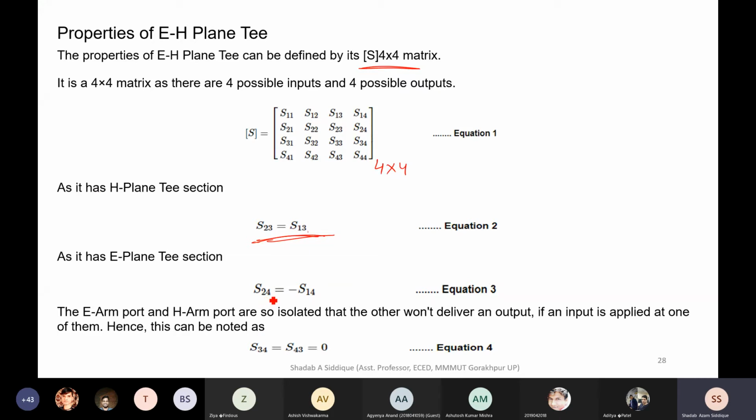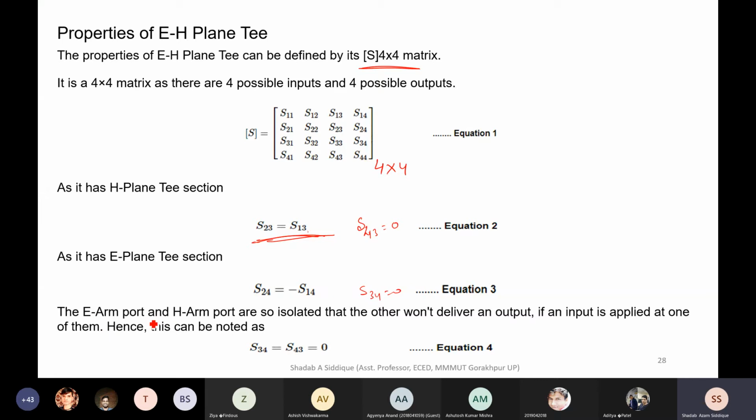From the E plane we know that if you are applying input from the E arm, port 4, we will get output at port 2 and port 1, but not at port 3. So S43 is equal to 0 and S34 is equal to 0, and these two will be equal in magnitude but 180 degrees out of phase, so that is why there is a minus sign.